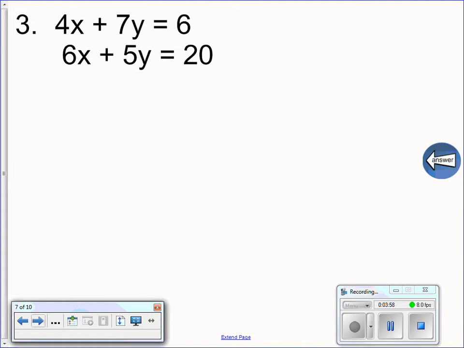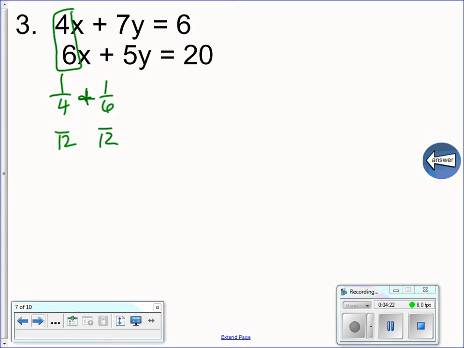And the third one, it doesn't look like either of them have the same coefficients. So this time, looking at 6 and 4, if I think about that like 1/4 plus 1/6, I would have to have a common denominator, and I would probably use the common denominator 12.